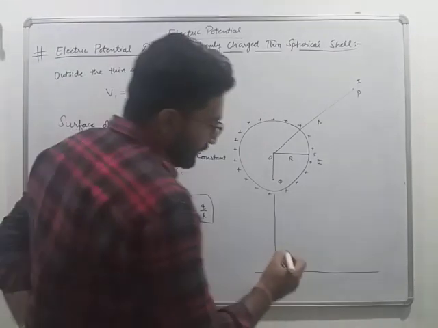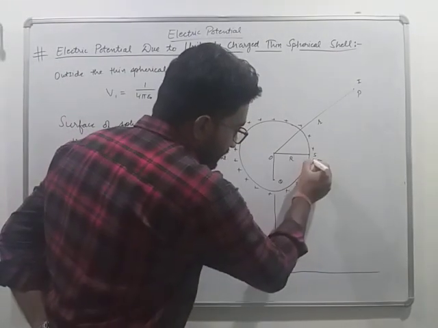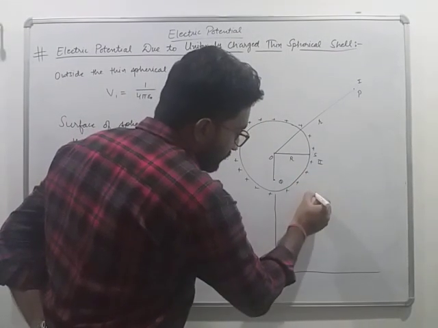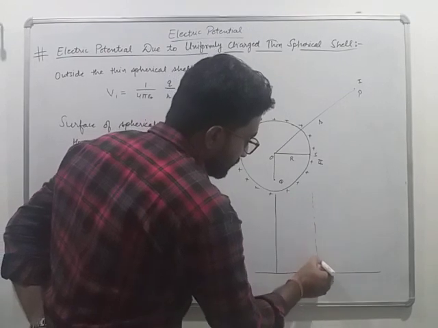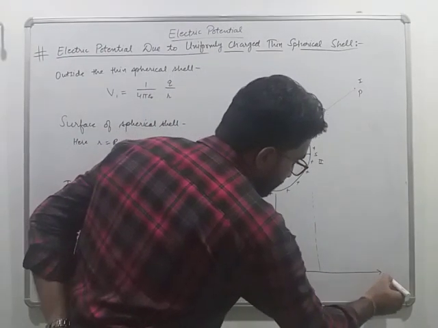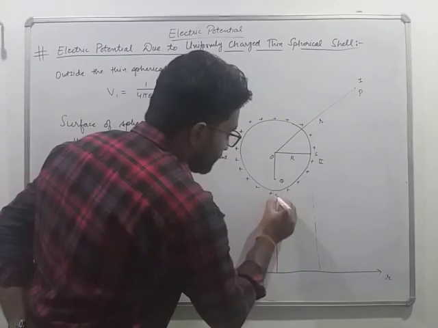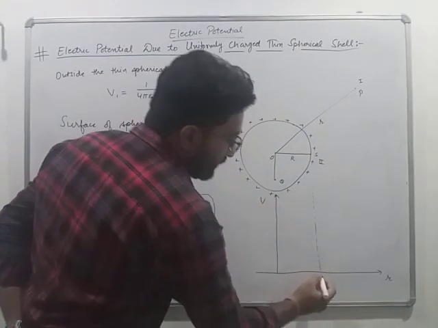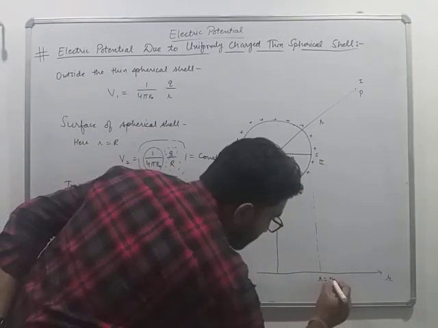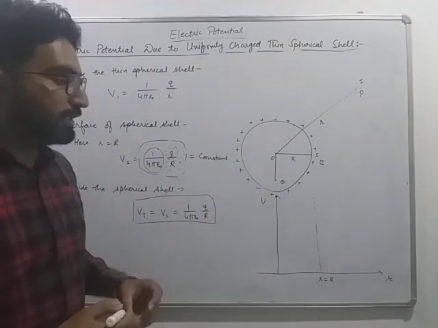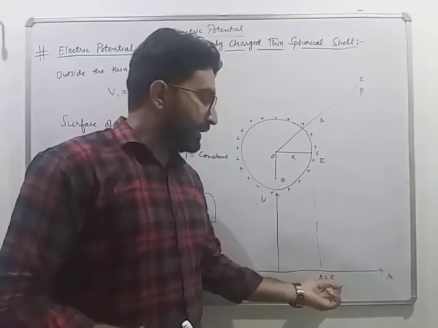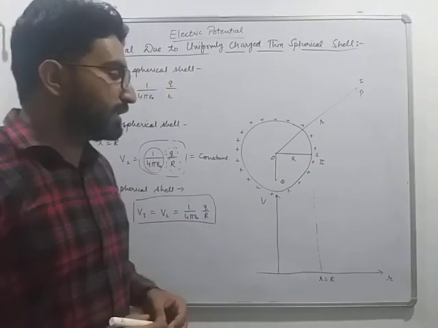We will find that for the radius of the thin spherical shell, this is r and this is our potential V, and this distance r is equal to capital R, meaning the distance is equal to the radius of the thin spherical shell.